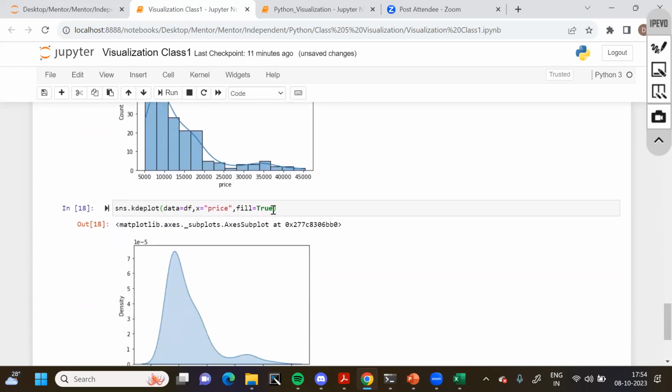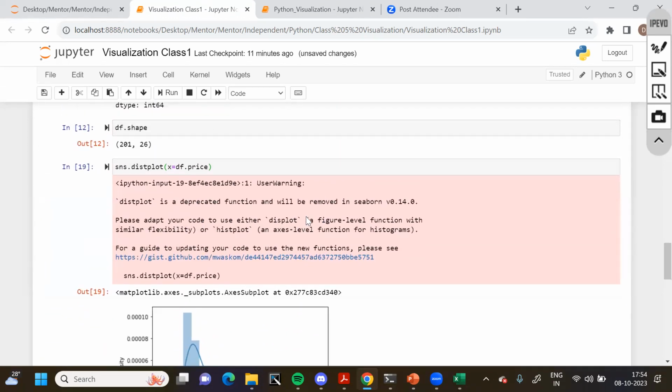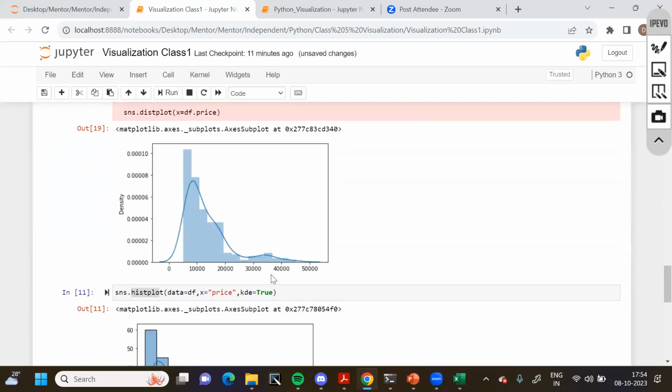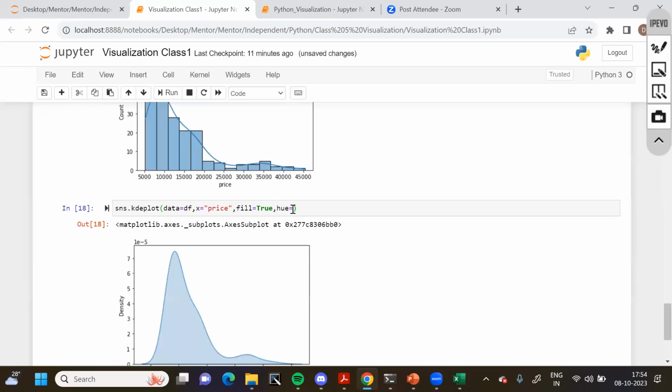Now suppose I want the price to be split. You can see it here.